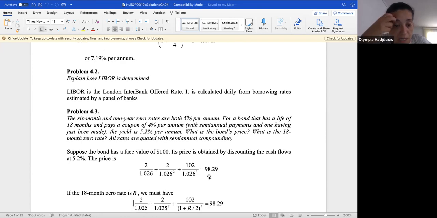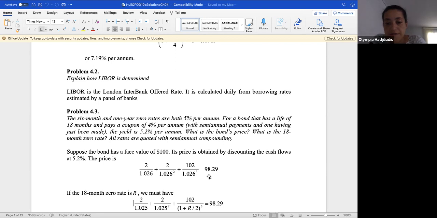So suppose that the bond has a face value of $100. Its price is obtained by discounting the cash flows at 5.2%. And the price is basically 2 divided by 1.026 plus 2 divided by 1.026 squared, and so on. 1.026 is half of 5.2%, as you can see.